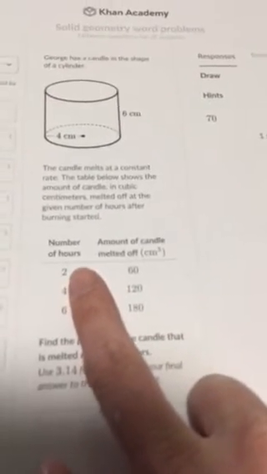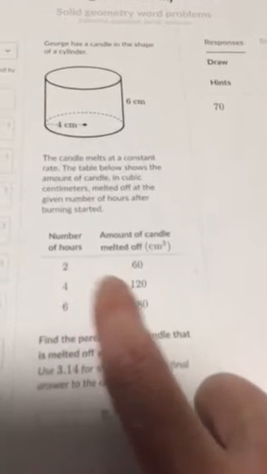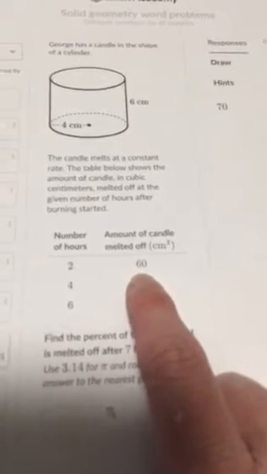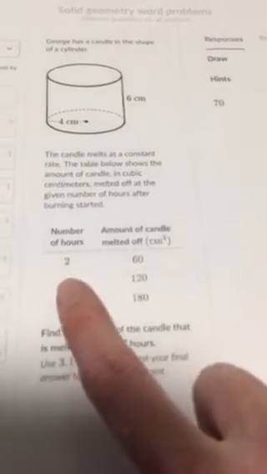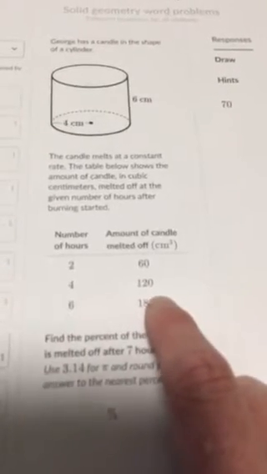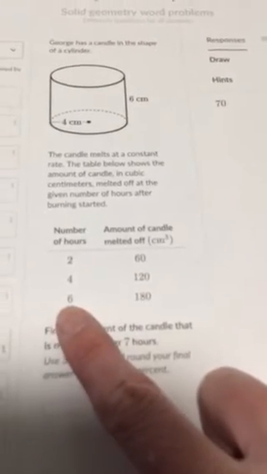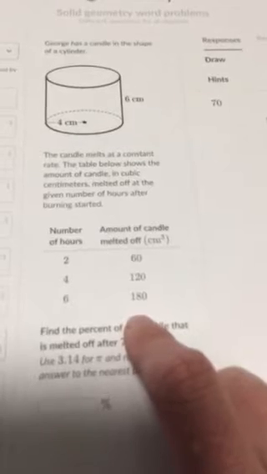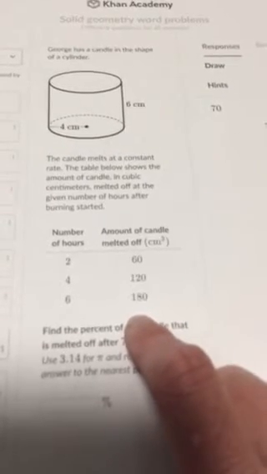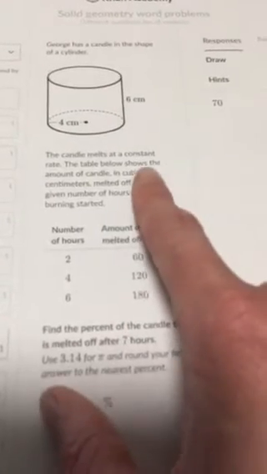So what this table shows is that after 2 hours have gone by, 60 cubic centimeters of candle have melted. After 4 hours, 120 cubic centimeters. After 6 hours, 180 cubic centimeters have melted. And this is melting at a constant rate.